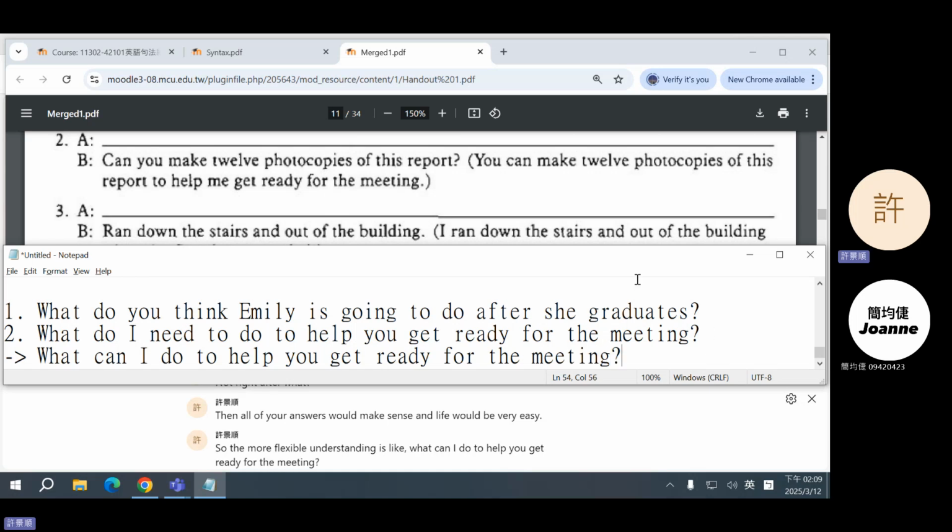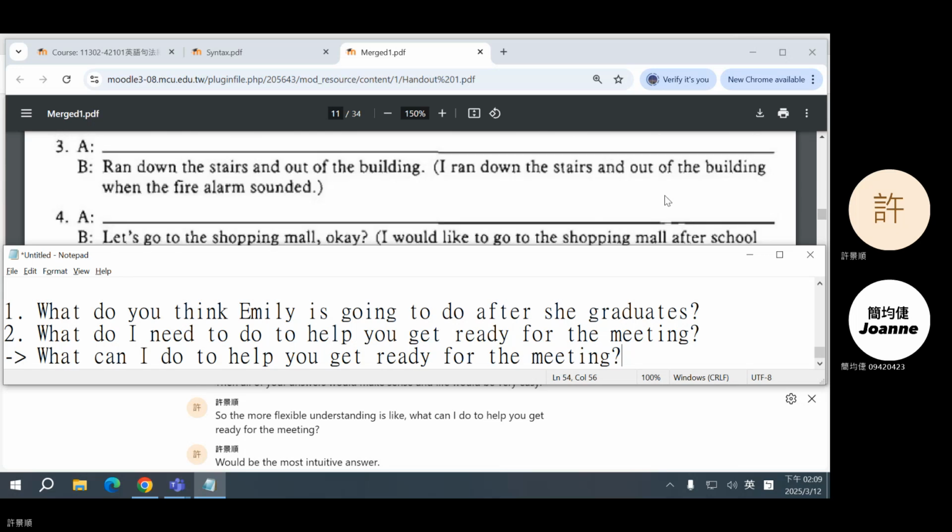Would be the most intuitive answer. Gosh, somebody should tell the textbook editor to clarify. Although I think the editor is dead.